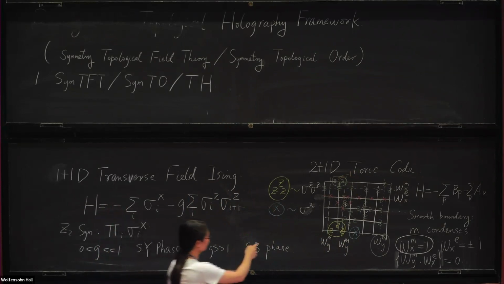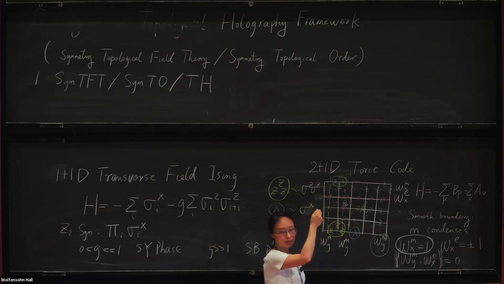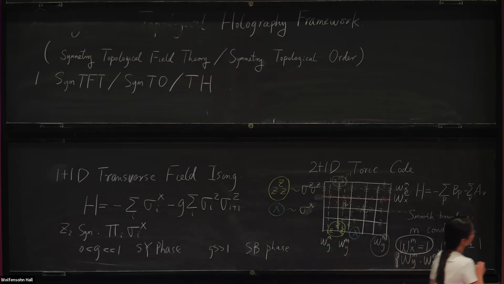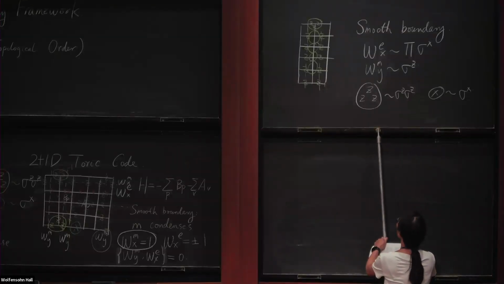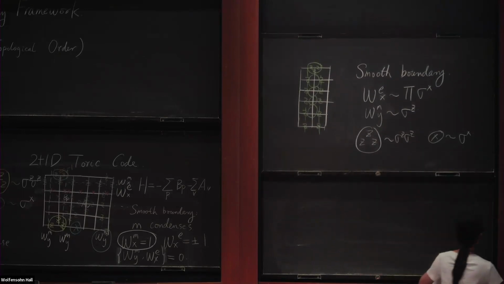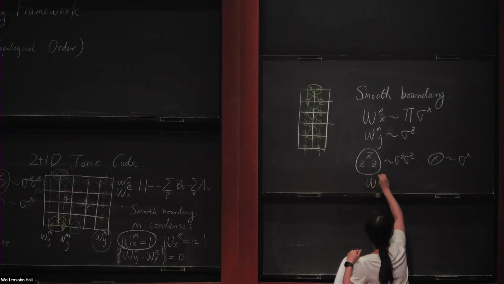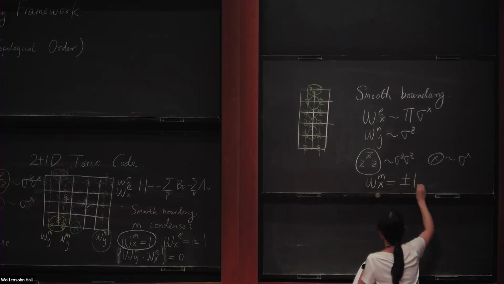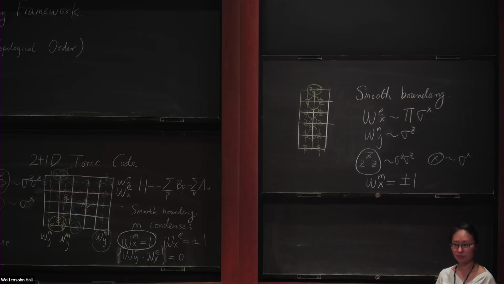And once we set one of the boundary terms to be -1, so that we have a defect on the top boundary, this string operator, this W mx, can also take value -1.